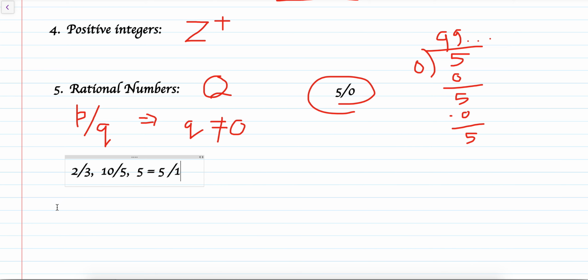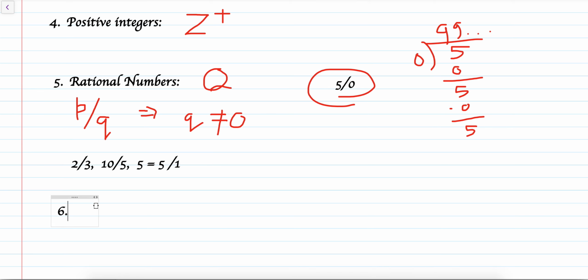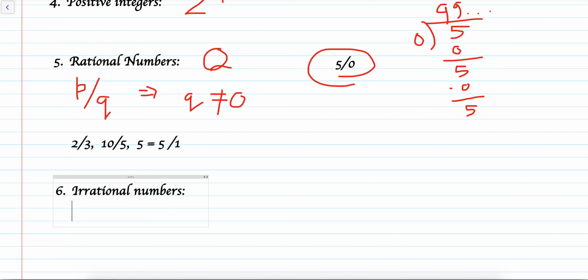Now we will see our next example, irrational numbers. Rational numbers can be represented in some p by q form, but irrational numbers we cannot represent using p by q.